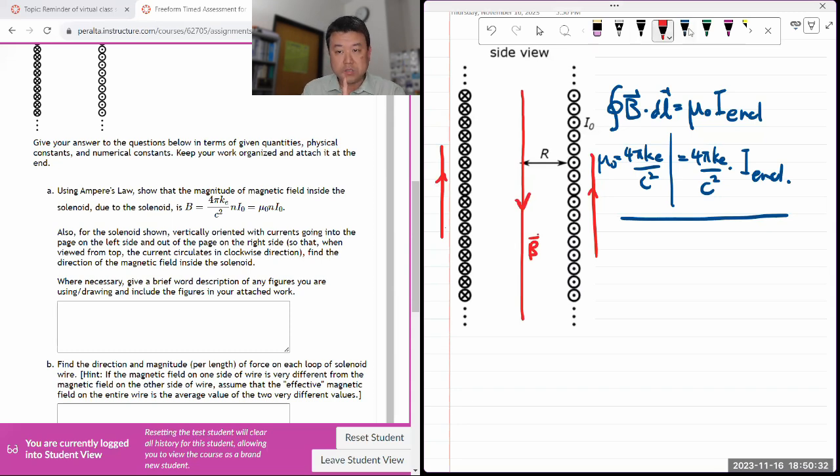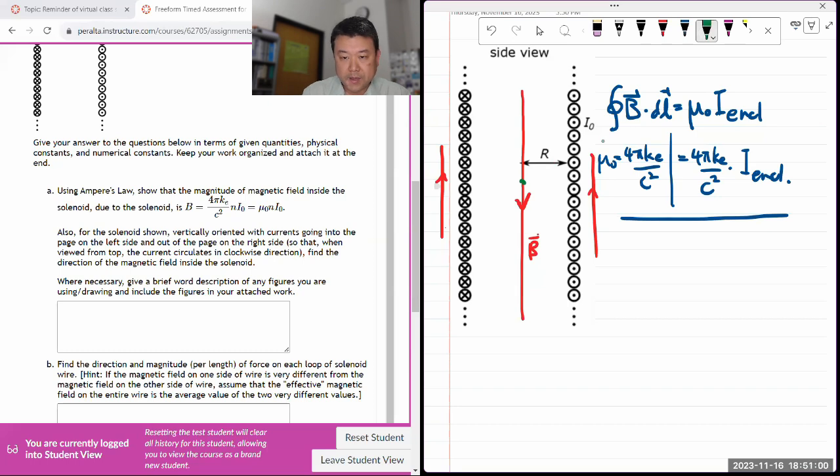If you are considering a different line, for example here, then your magnetic field might be different, because there's no symmetry operation with rotation or translation that will take you from this point to that point. So that particular bit needs an additional step. But I have this length of space where I think my magnetic field is constant, and that's good enough for me now. So let me consider this Amperian loop.